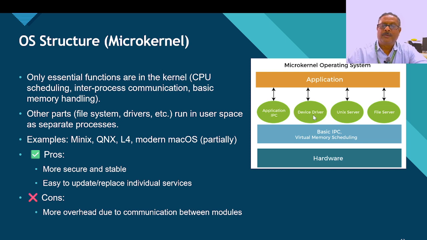Earlier all these modules were part of one kernel, but now they are independent entities. They need to interact with each other, so there will be more overhead in the interaction between the modules.